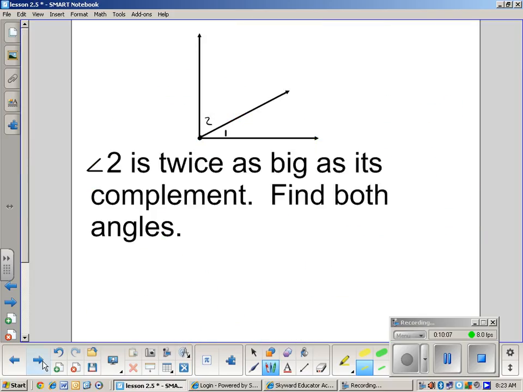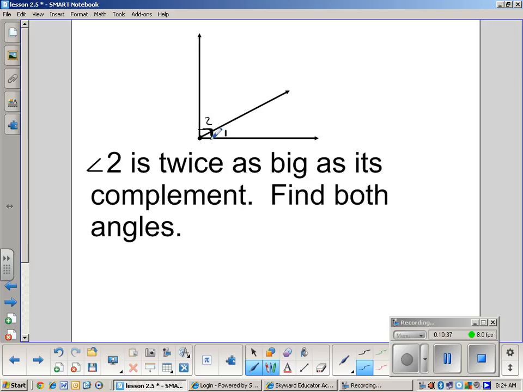Okay, moving on. Here's an example. Angle 2 is twice as big as its complement. Find both angles. So what angle is its complement? Sorry, I missed it. I should have had this in here, to say those are perpendicular rays making a 90-degree angle.